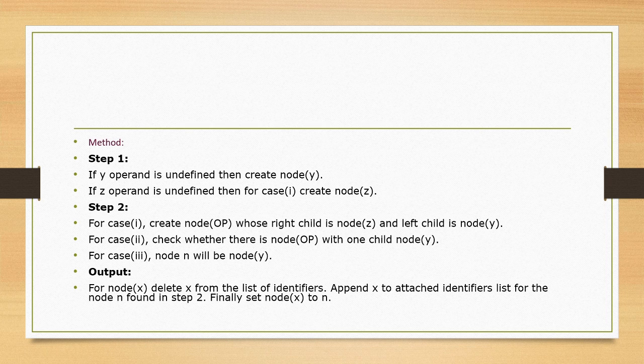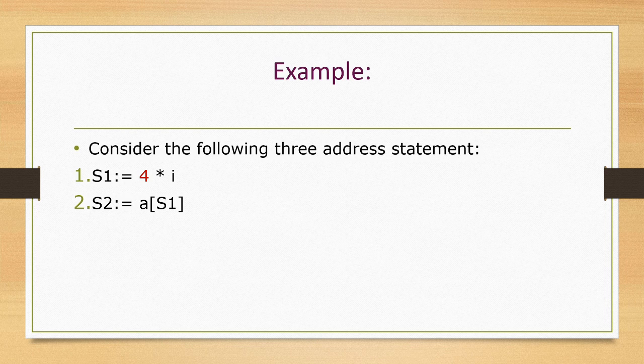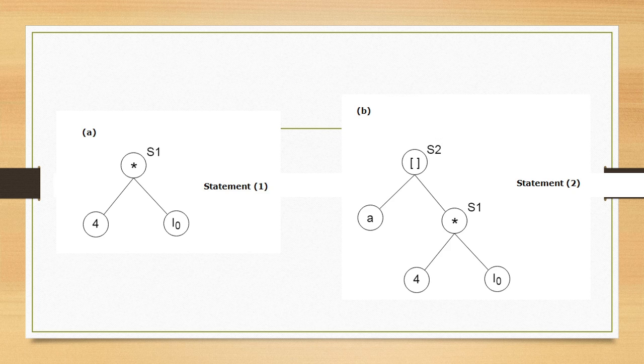Next we are going to discuss an example of construction of DAG. Consider this 3-address statement: S1 = 4 * i. I already told you this operator acts as the root node, and 4 and i act as the left child and right child. So this is the diagram.